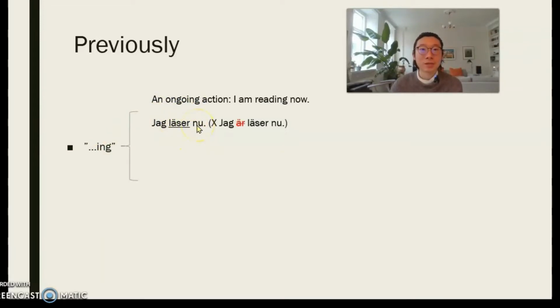And please don't translate directly from English, because if you do that, it would be something like jag är läser nu, from I am reading now, but this is actually wrong in Swedish, so let's not do that. The other function of the ing form in English is not to describe an ongoing action, but to create a noun structure from a verb.